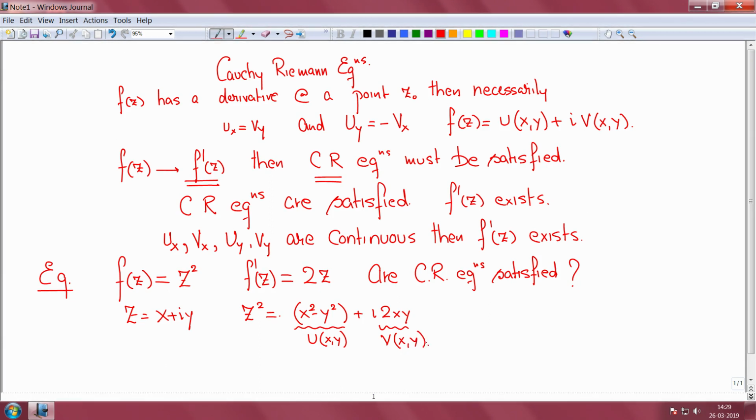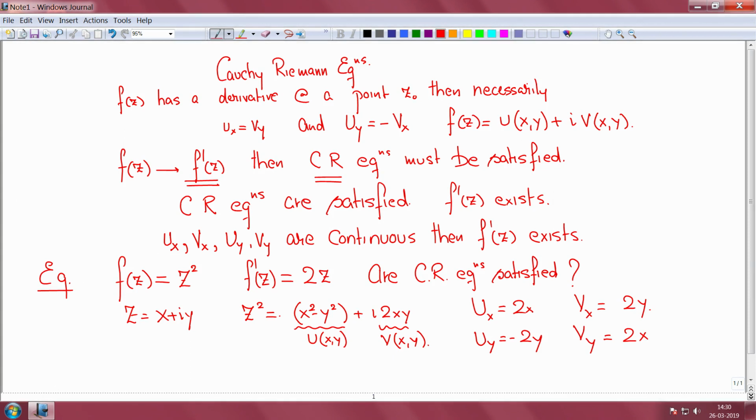So let us do u_x. u_x is equal to twice x. Then u_y is equal to minus twice y. Then v_x is equal to 2y and v_y is equal to 2x.